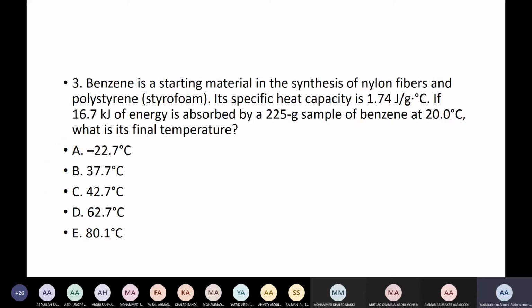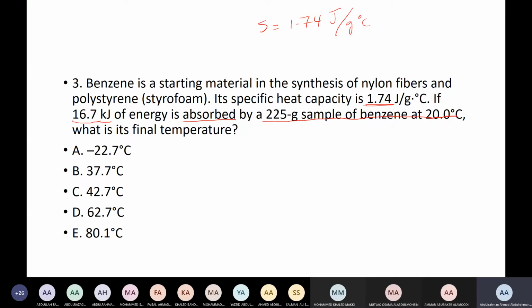Good. Next, benzene is a starting material in the synthesis of nylon fiber and polyester. Its specific heat capacity, S, equals 1.74 joule per gram degree C. If 16.7 kilojoule of energy is absorbed by a 225 gram sample of benzene at 20 degree C, what is the final temperature?